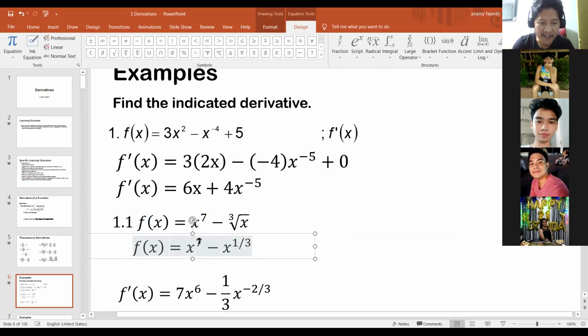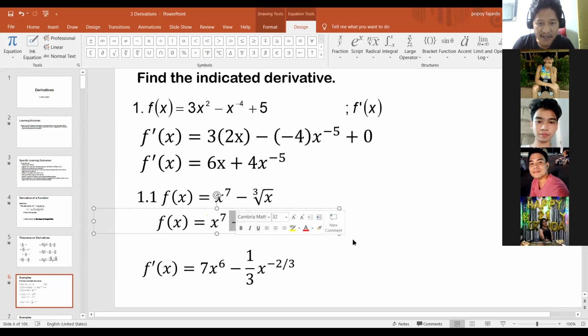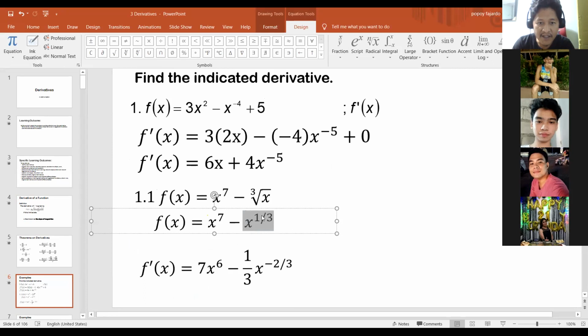So para makuha yung derivative, ito yung unang term, madali lang yan. So 7 ibinaba, tapos yung 6, saan galing yung 6? Ano ginawa? Minus 1. Okay, 7 minus 1, kaya naging 6. Ito naman, yung 1/3 na exponent natin dito, nilagay lang natin sa baba ulit, kaya nagkaroon tayo ng 1/3 dito, di ba?